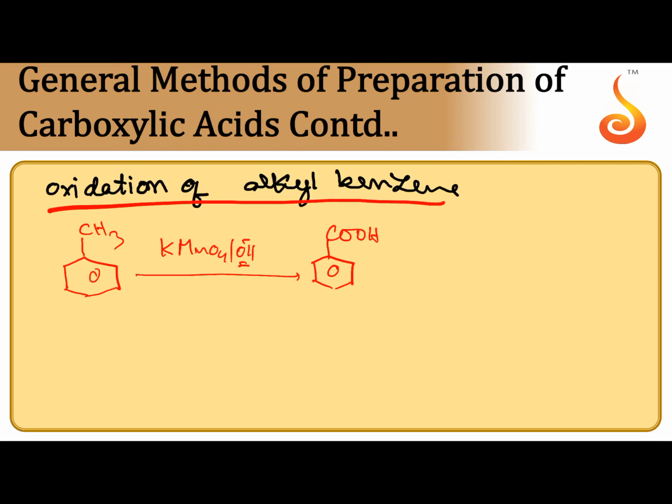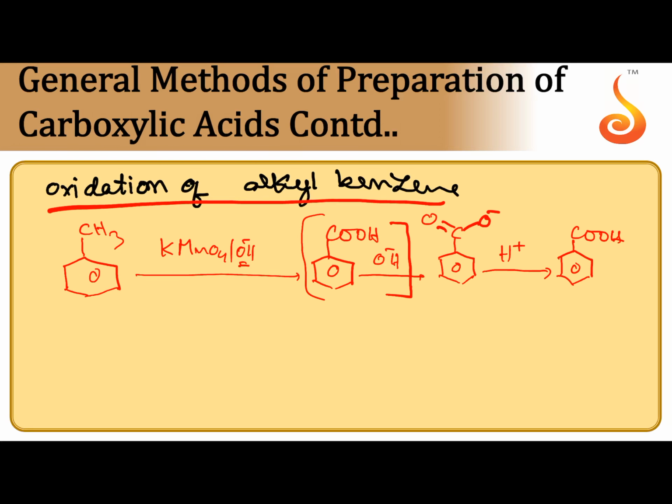But benzoic acid in the presence of base cannot exist as acid, it will be converted into benzoate, COO minus. If the base is KOH, we get potassium benzoate. So when we want to get the acid only, the potassium benzoate is separated and subjected to acidification, and that will become benzoic acid.